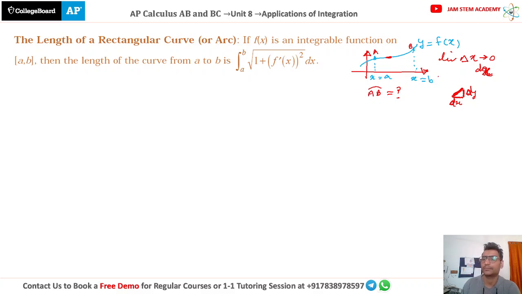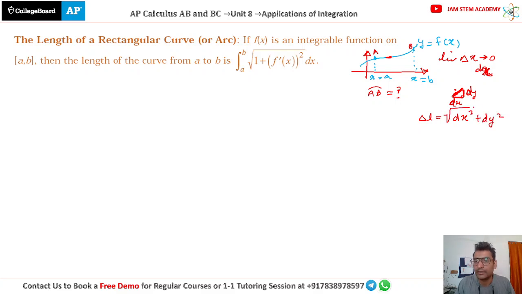Now, on this curve, if I take a very small piece of it, with horizontal distance dx and vertical distance dy, what is the hypotenuse? I can use the Pythagoras theorem. Let's call this smaller distance delta L. Delta L equals the square root of dx squared plus dy squared.